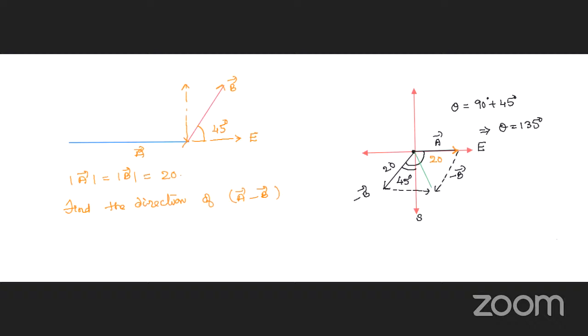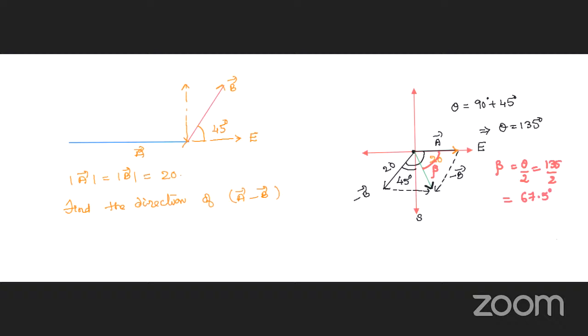I am taking here, this is the resultant of A bar minus B bar, exactly bisecting with the east. It makes an angle here. If you check that angle, beta is equal to theta by 2, that is 135 divided by 2, which is 67.5 degrees.